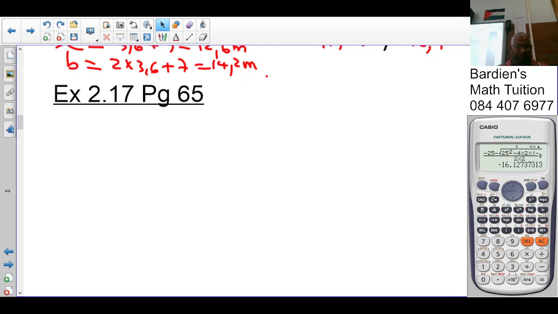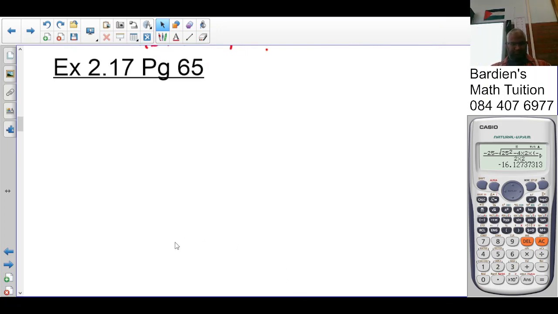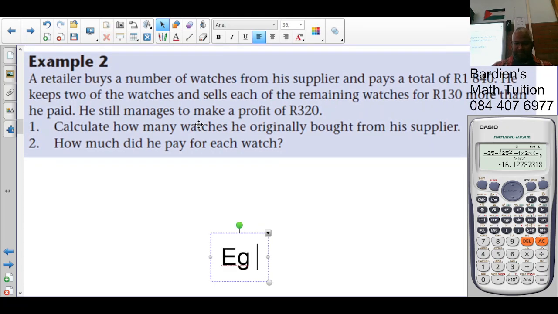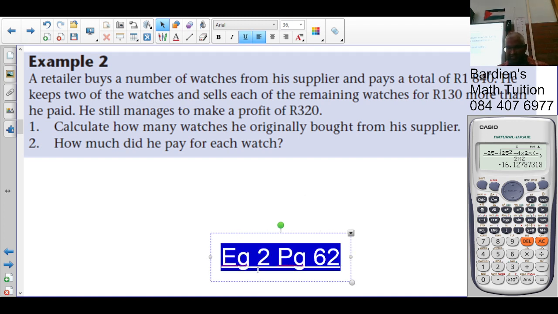Then we're going to look at example 2. Example 2 is on page 62.